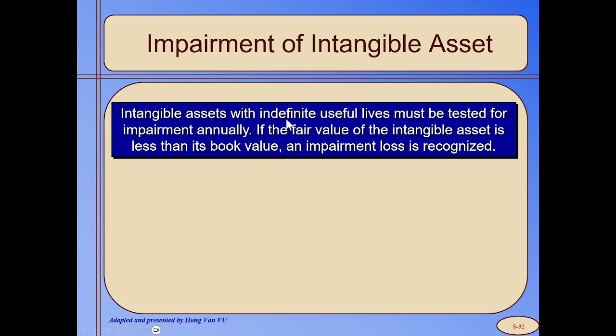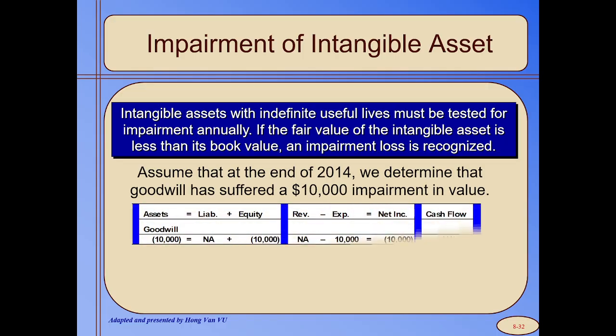Intangible assets with an indefinite life, like goodwill, are carried at unimpaired value on our books. After our analysis of the goodwill account, we conclude the balance is impaired by $10,000.